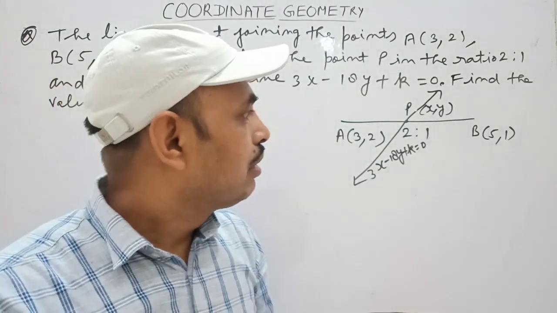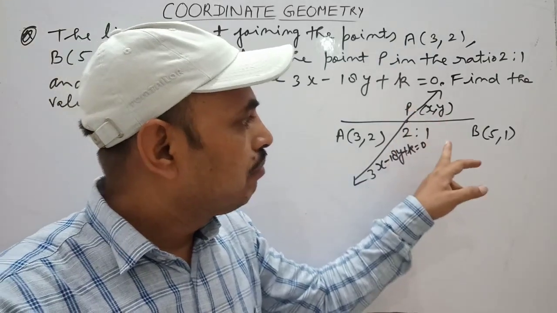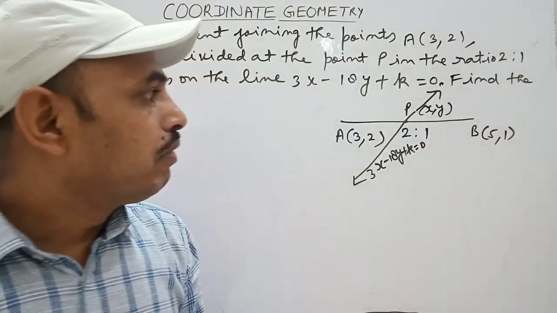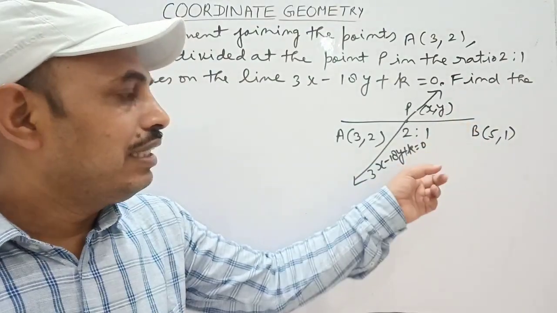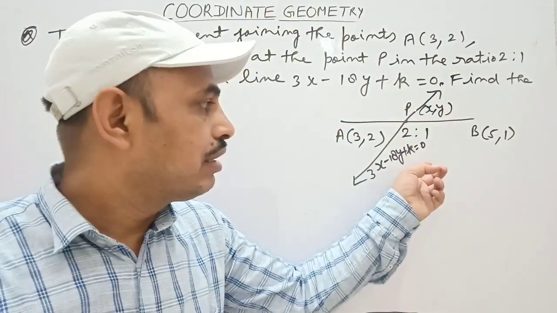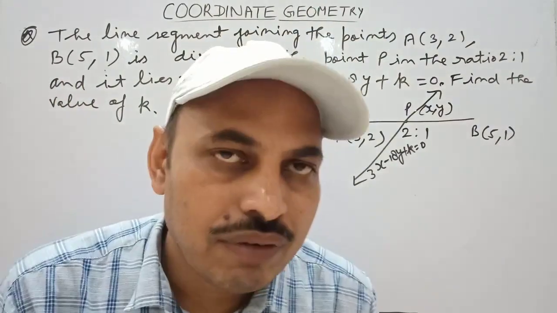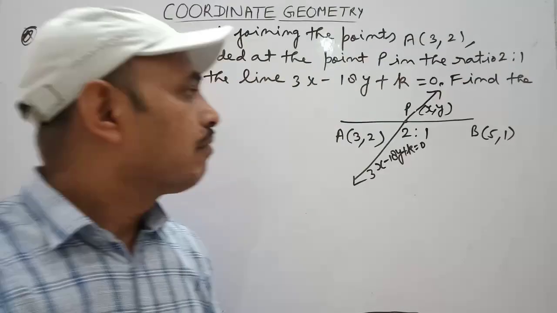So first we will find P by using section formula, then we will put values of x and y in this equation. This is the concept of solving this question.